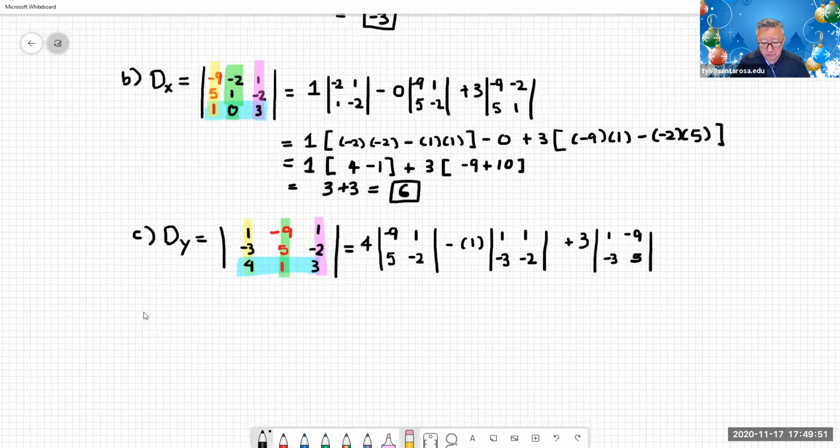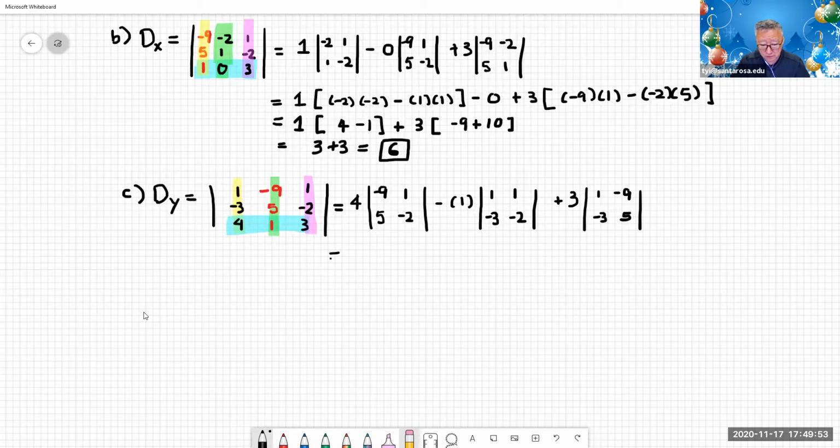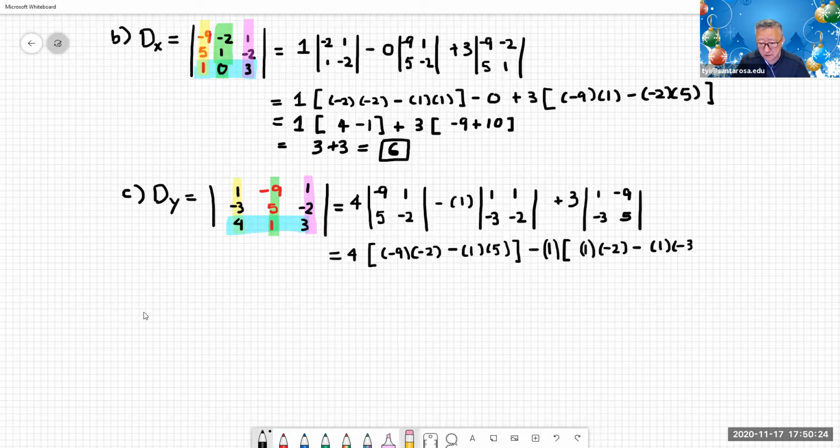So now we're going to have to use the 2 by 2 matrix way to calculate this. So let's do this. I have minus 9 times minus 2 minus 1 times 5, minus 1 times, you got 1 times minus 2 minus 1 times minus 3.